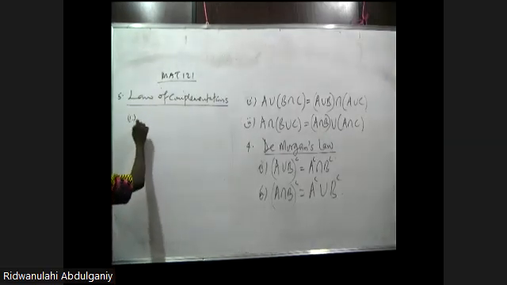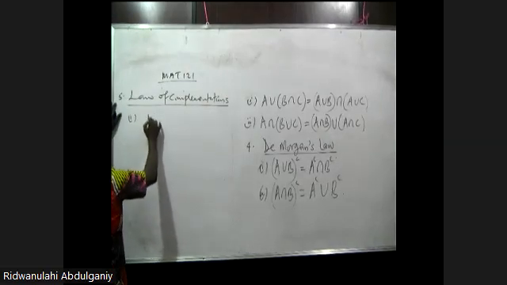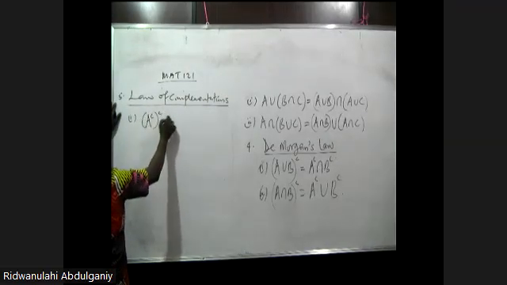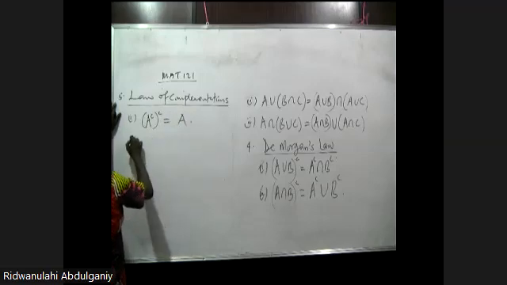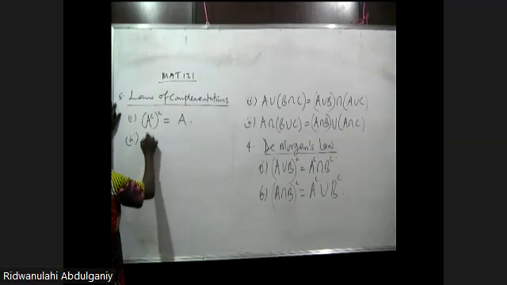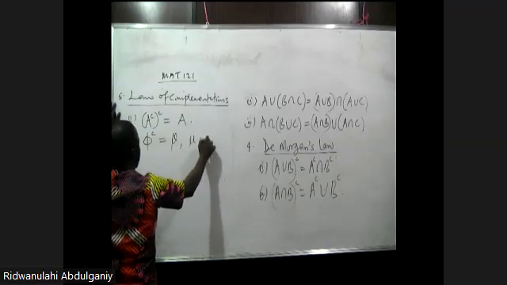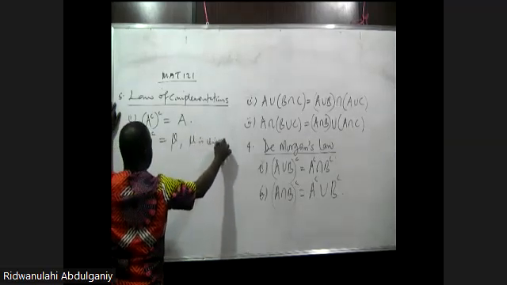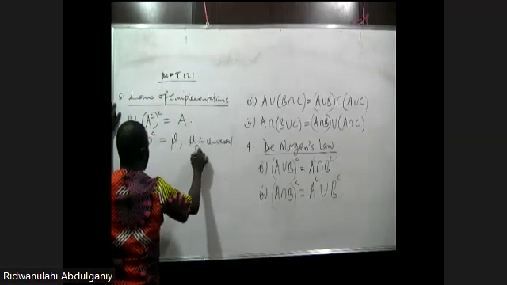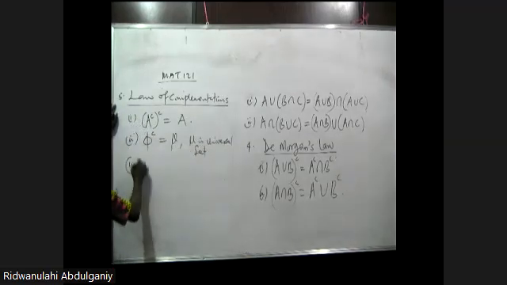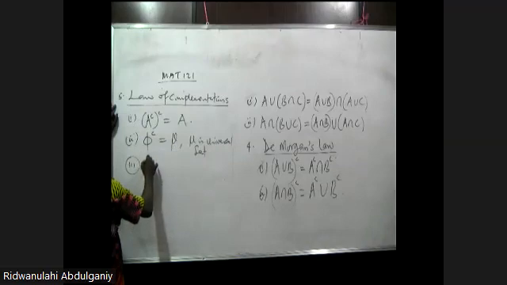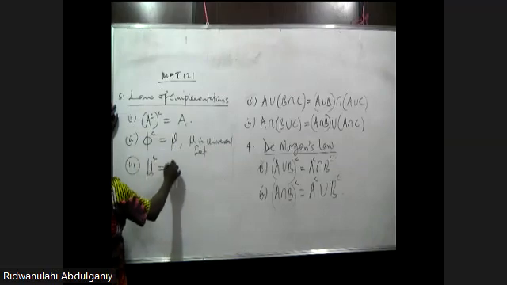Number 1: A complement is A. Number 2: the empty set complement is mu, where mu is the universal set. Number 3: the universal set complement is empty.